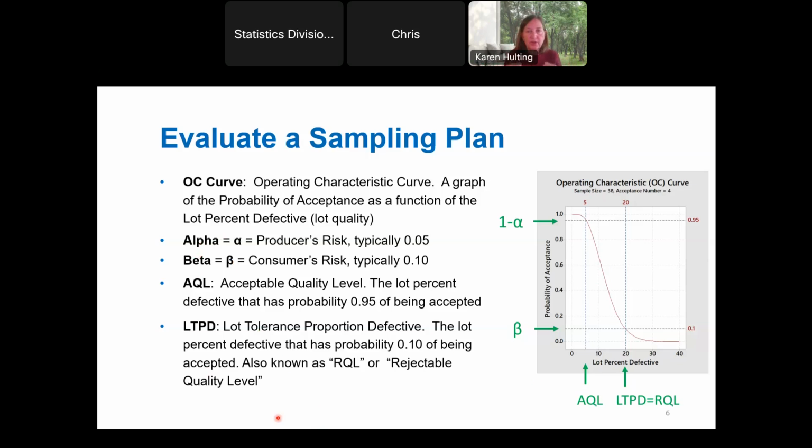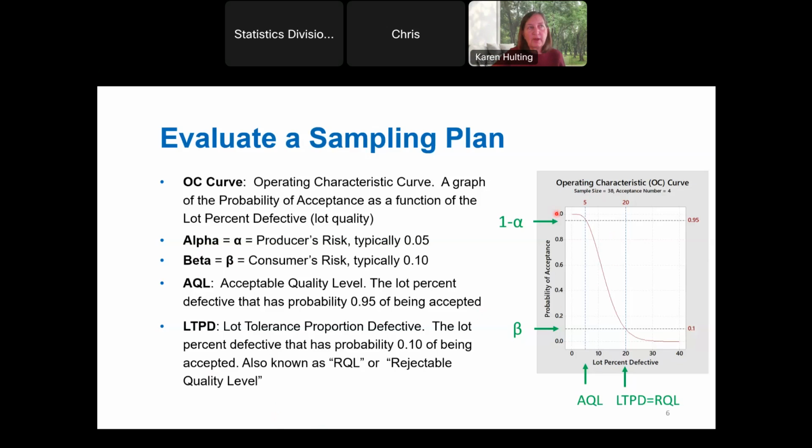Alpha is called the producer's risk because it is the chance that the producer gets the outcome they don't like, meaning the producer has produced a lot that they feel to be of adequate quality and it still fails the acceptance sampling. That probability is alpha.